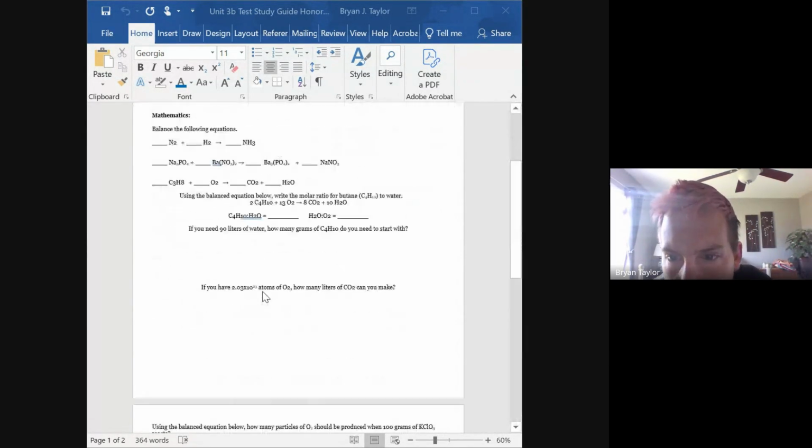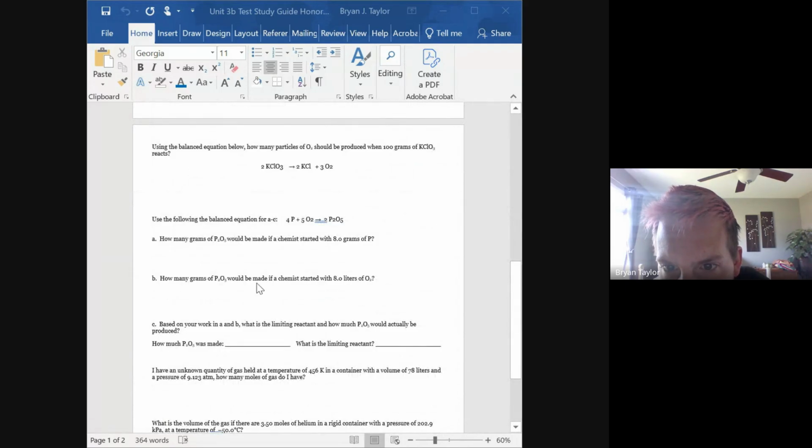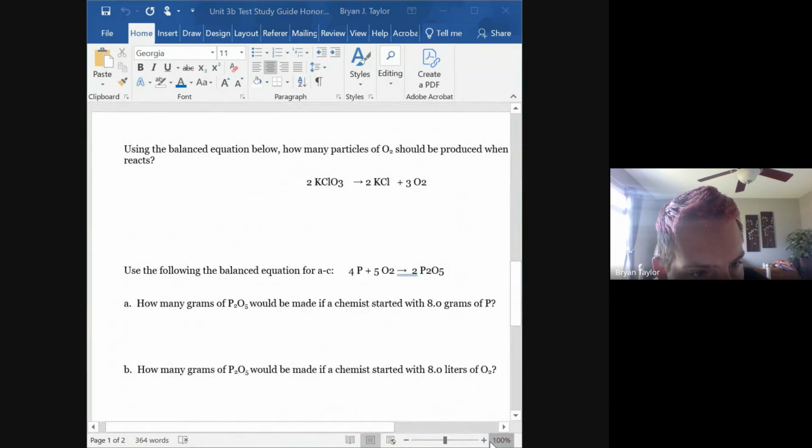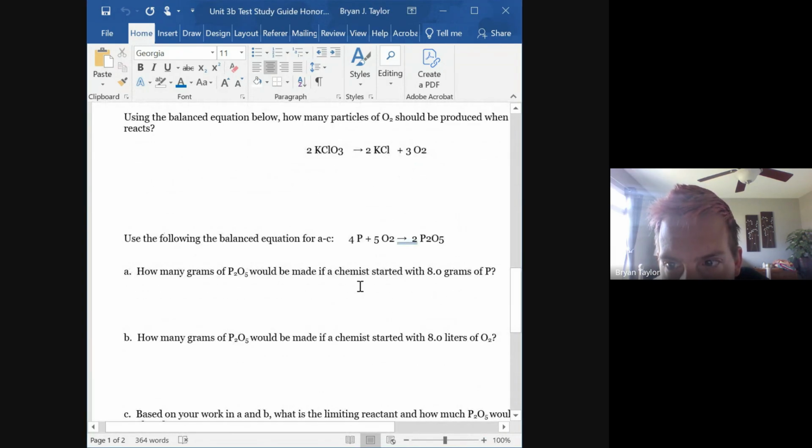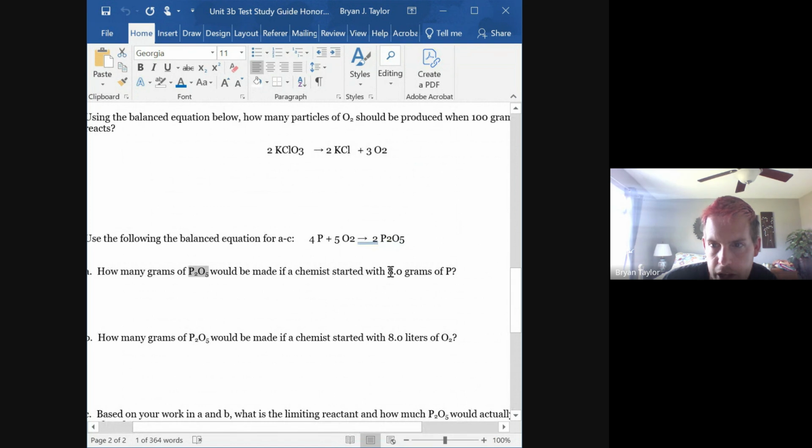Okay. So, for example, we have this equation. How many grams of P2O5 would be made if a chemist started with 8 grams?